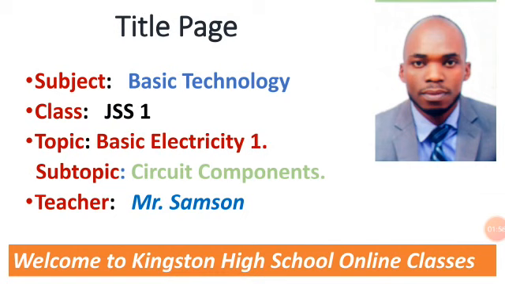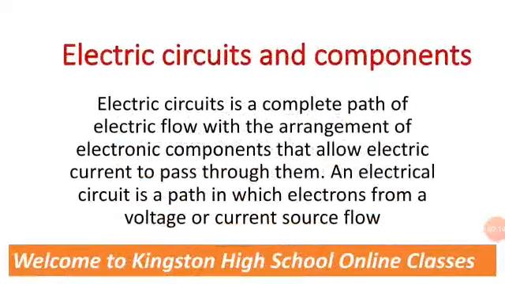The sources of direct current are primarily battery cells, while generators and generating stations are the sources of alternating current. But today we'll be looking at another dimension of basic electricity 1.